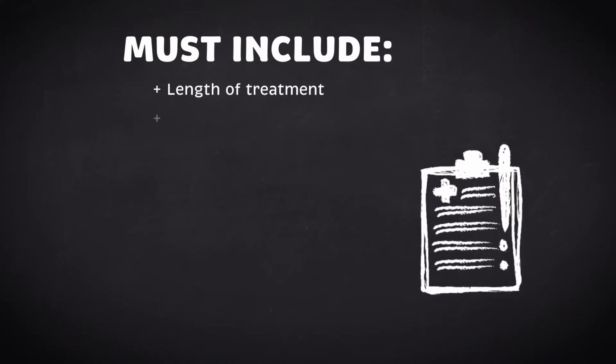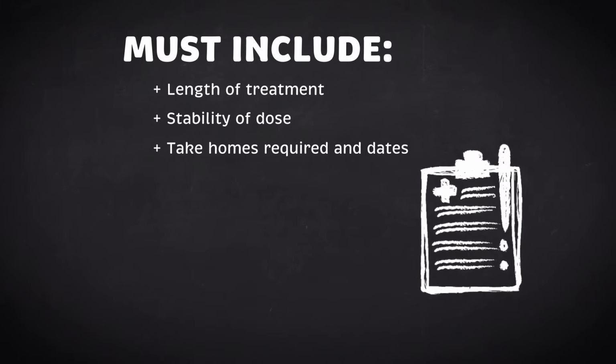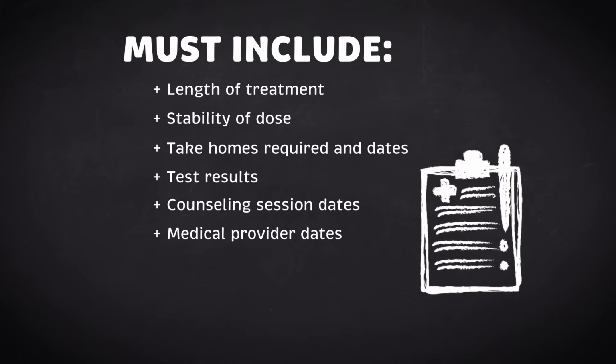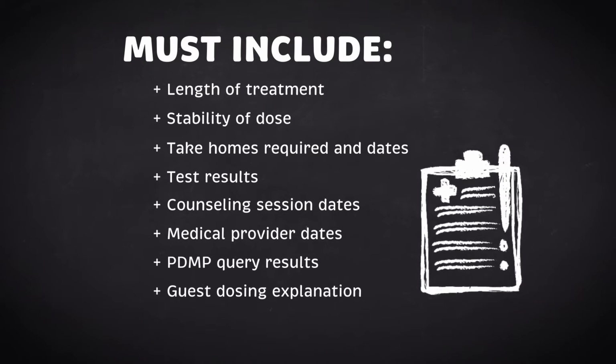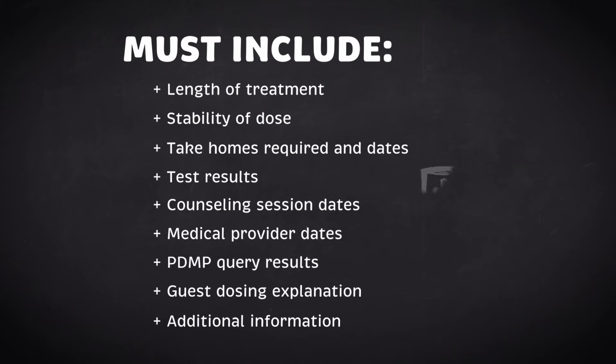In the exception request, information that should be included for the state and feds to approve should include data on length of treatment compliance, stability of their dose, how many take-homes are required, and their dates, at least the last 3 drug test results, the date of their last 3 counseling sessions, the date of the last time they saw a medical provider, recent CSRS query results, the reason why guest dosing is not an option, and any other pertinent information to explain why the patient should be permitted special take-homes.